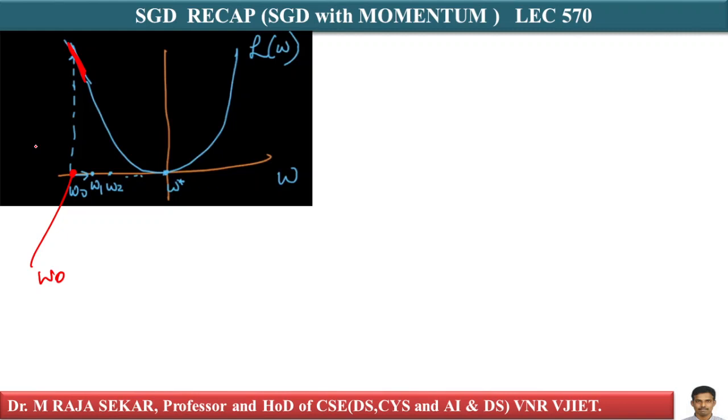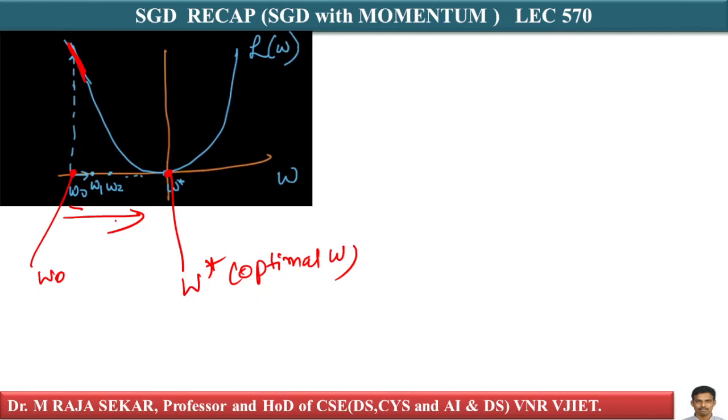And we move this side, and keep moving towards W star. What is this? This is W star, the optimal W. That's the minima, isn't it? We keep moving towards W star in the case of gradient descent.